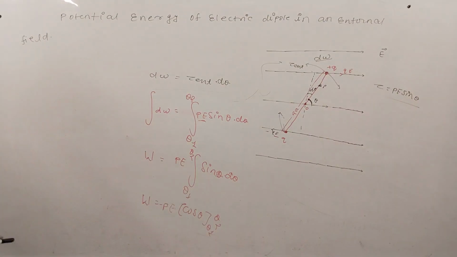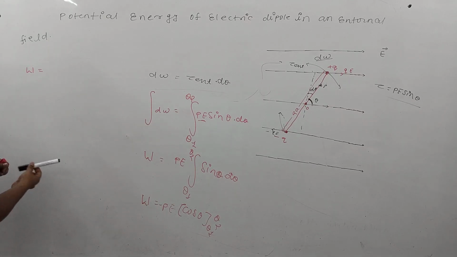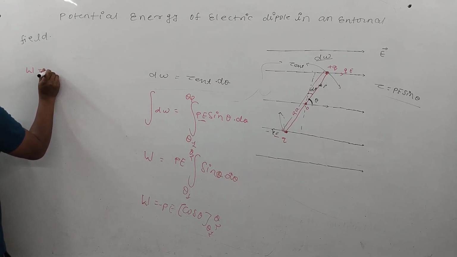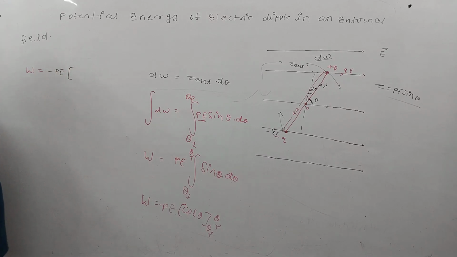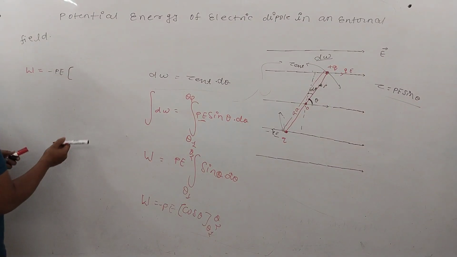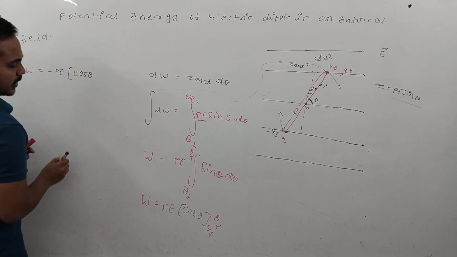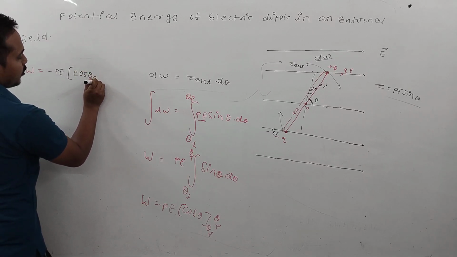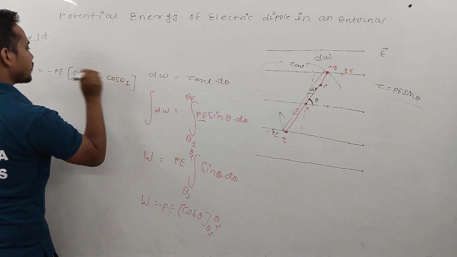Now W is equal to minus pE times the upper limit minus the lower limit of cos theta, that is, cos theta 2 minus cos theta 1.